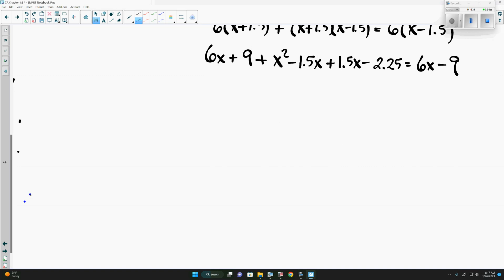We can combine like terms, so we'll have x squared. Negative 1.5x and 1.5x will cancel out, leaving the only x term over here, 6x. And 9 minus 2.25, so it's going to be positive because 9 is definitely bigger than 2 1/4.